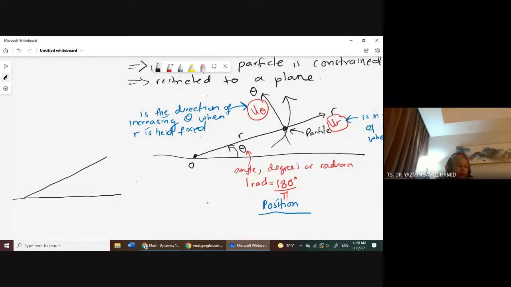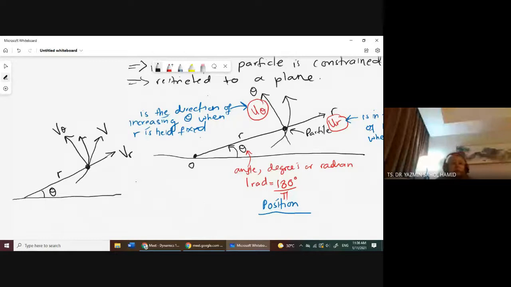Okay, let's say this is our particle again and it's rotating. So again, this will be our V. This will be our VR. This will be our V theta and our V will be this one. So if you want to find the magnitude of V, what do you need to do?